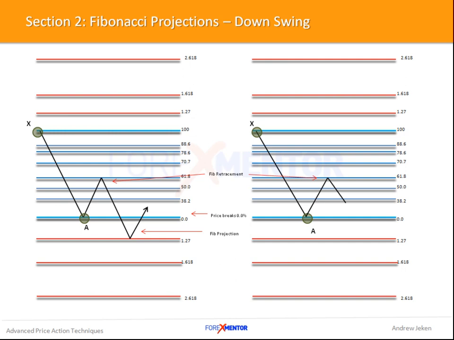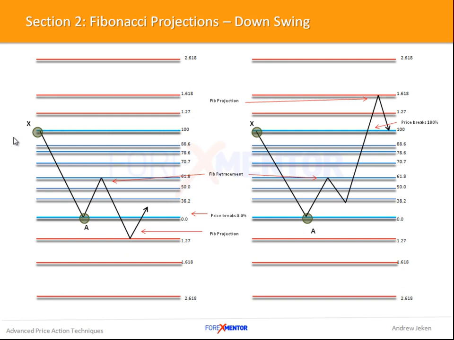We get a reaction down, but in this instance you can see price, instead of breaking the lows at A, now turns and continues taking out the point at X. So it actually takes out the 100% fib level, and it runs up in this case to the 1618 fib projection. And you can see we get a nice reaction off the level.